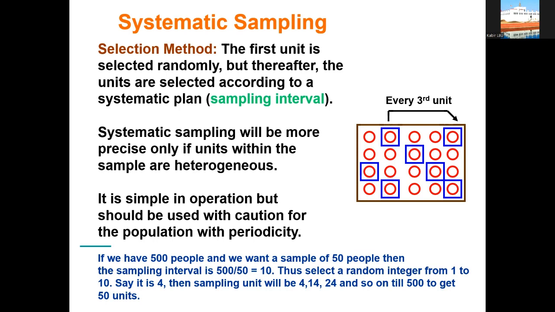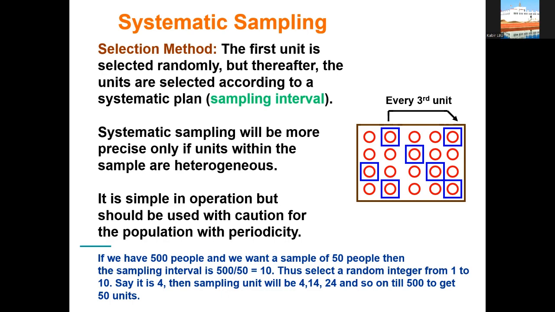Thus, select a random integer from 1 to 10. Say it is 4, then the sampling units will be 4, 14, 24, and so on till 500 to get 50 units. So this is the method of systematic sampling, that is how a researcher can do sampling related to a systematic plan.